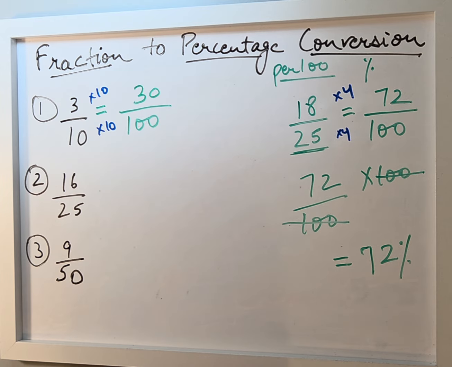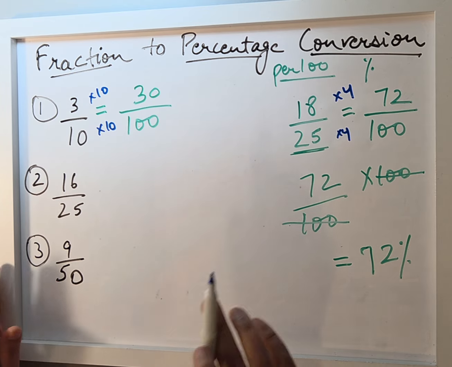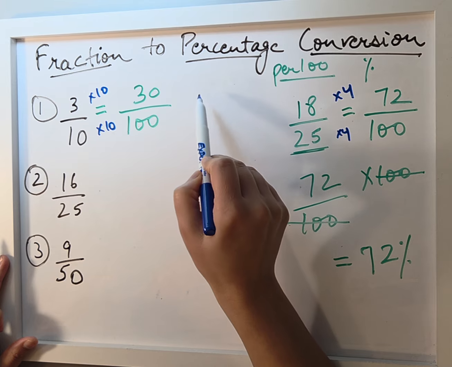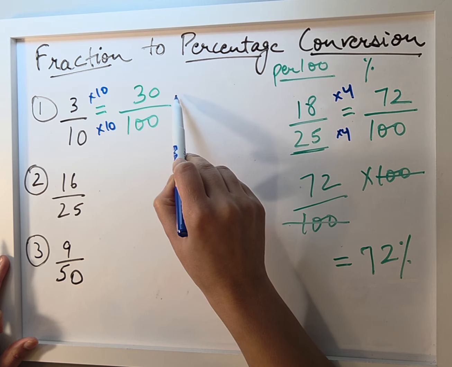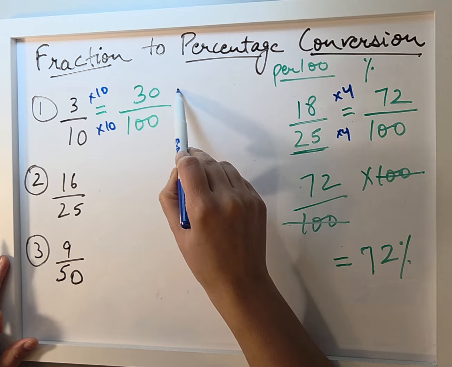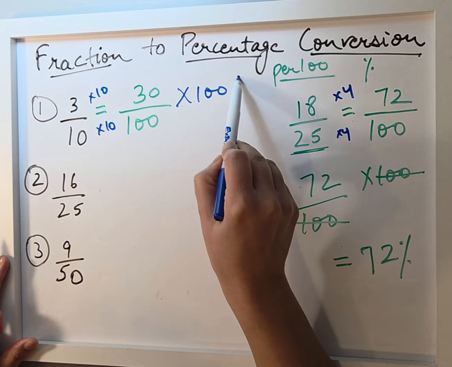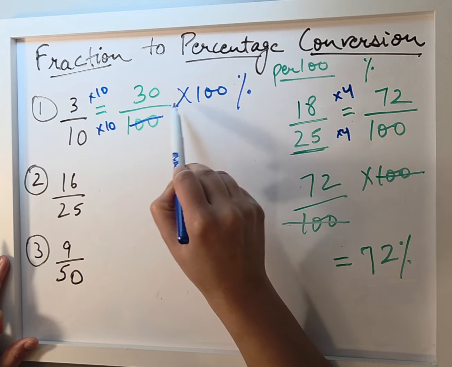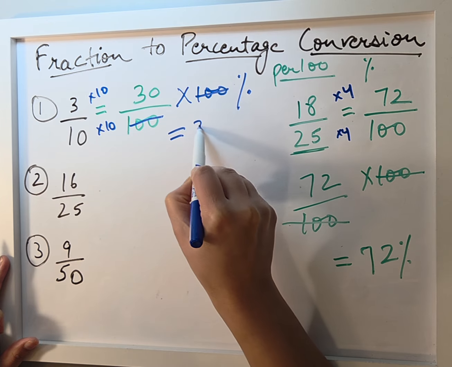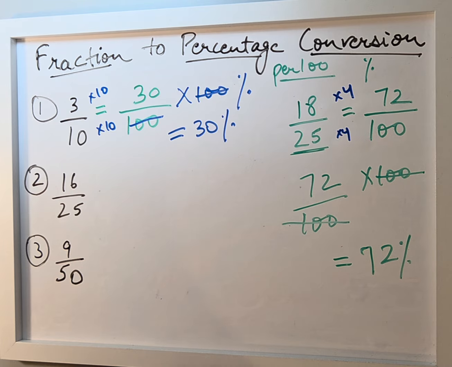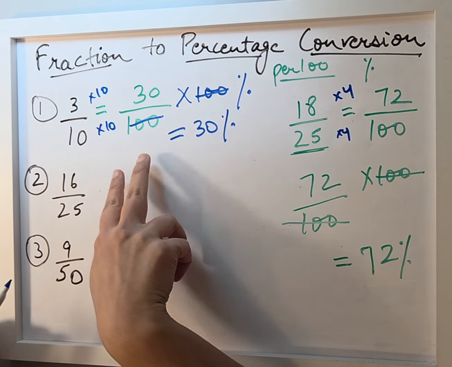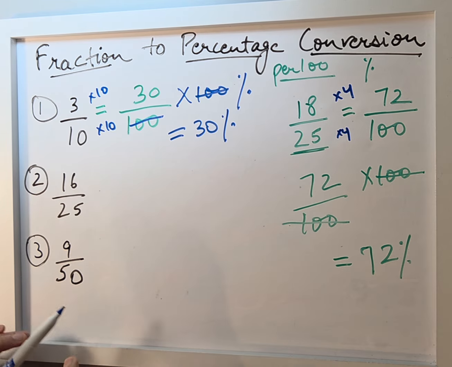And now to convert into percentage, we multiply by 100%. This will get cancelled. So what do we get? 30%. This is just for explaining purposes. You can directly write it as 30%.